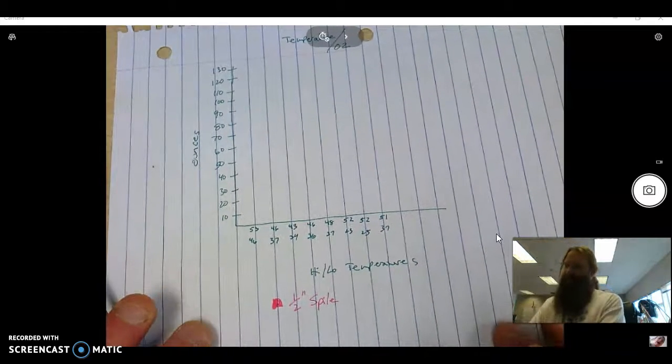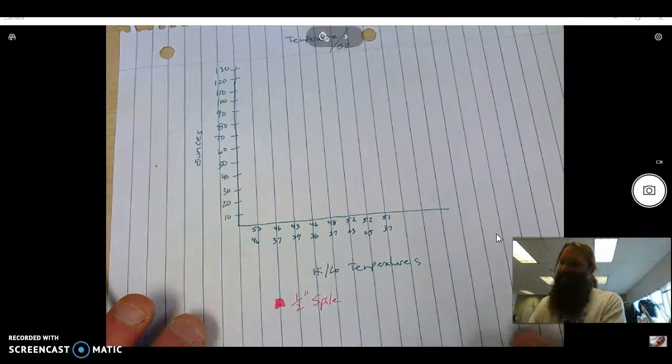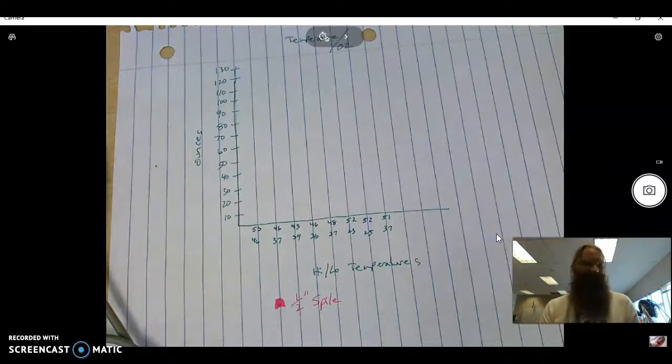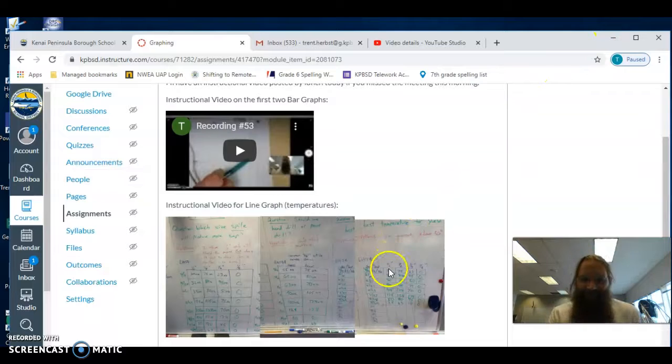Okay, now on the 1/2 inch spile, if we go back to that chart, the 1/2 inch spile right here, the first one of the temperature is, let's see, 53, 46.